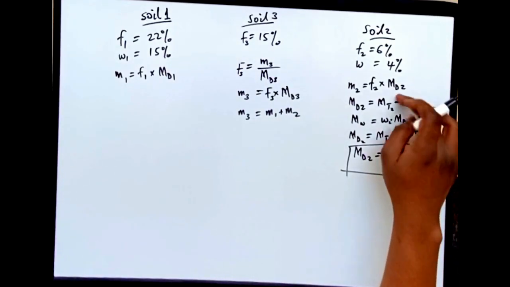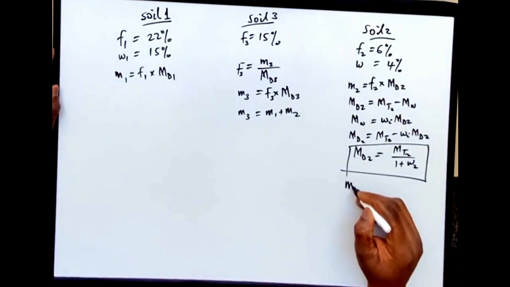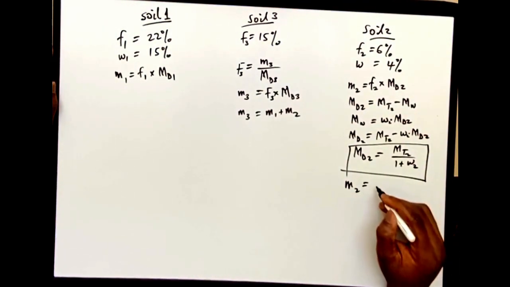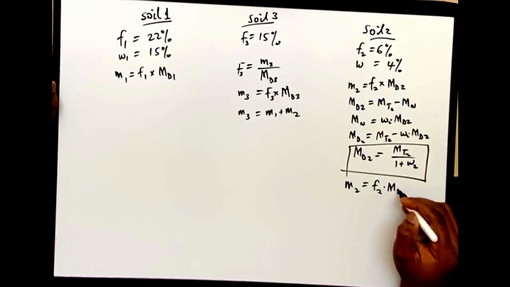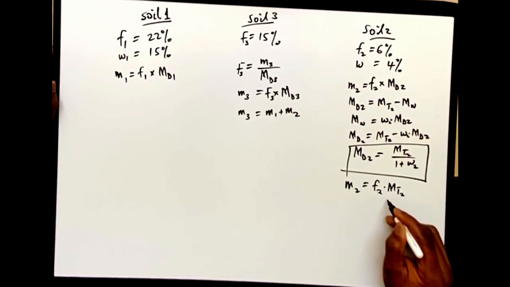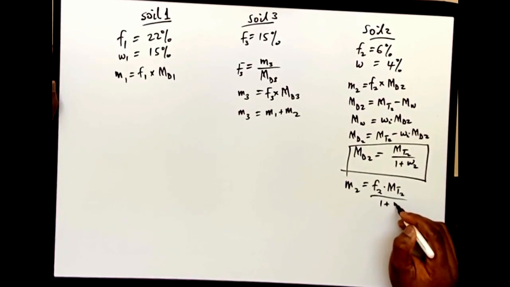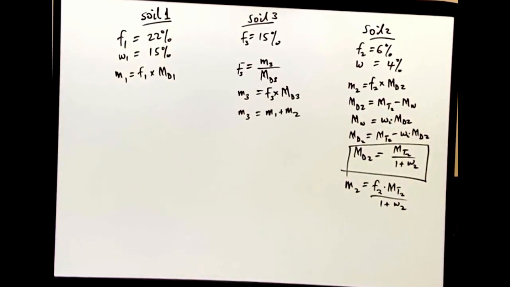So we can put this back in here. And we have M2 being F2 times total wet weight over 1 plus moisture content.